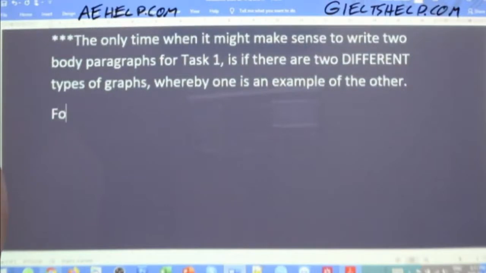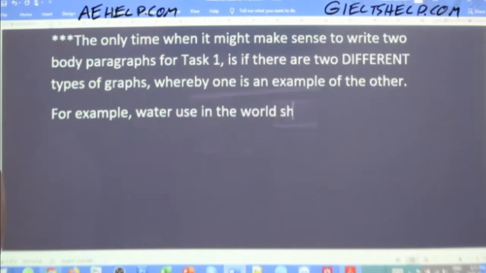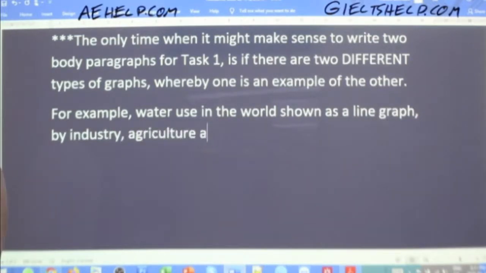For instance, and some of you might have seen this example. So for example, water use in the world shown as a line graph by industry, agriculture, and domestic.